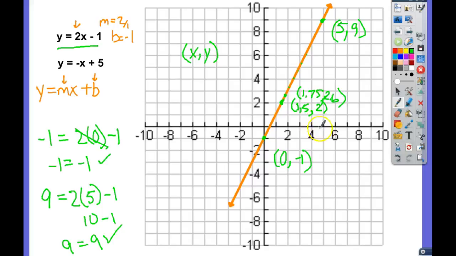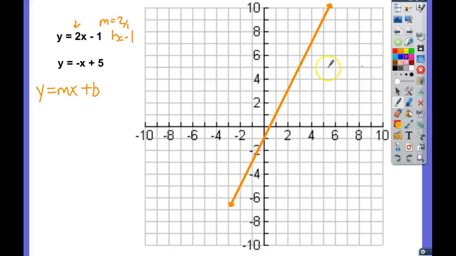I'm just guessing on those, but it doesn't matter where you are. You can be in between or whatever. If you plug that into this equation, it's going to work. It's going to give you a true result. That's the point of this. All of these are solutions. That's why we make the graph.